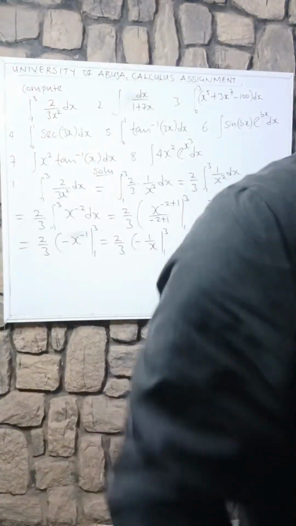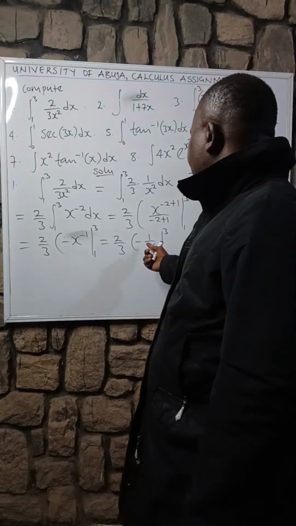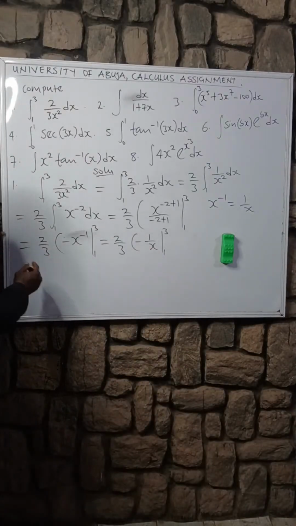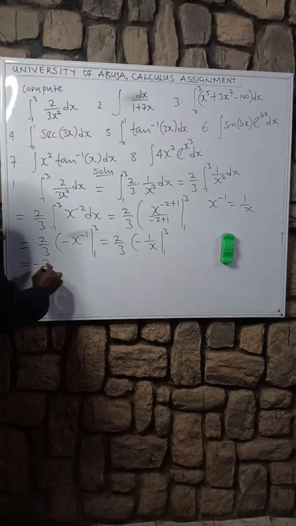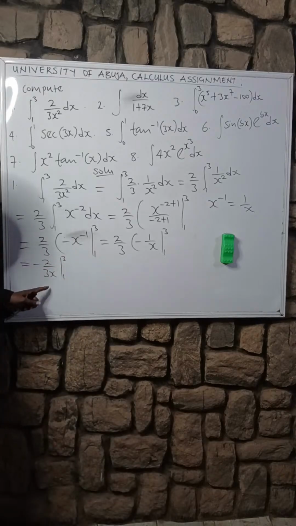But we have not finished. We are still proceeding. Now what we need to do here is multiply this through. If we do that, here will now be minus 2 all over 3x at 1 to 3.